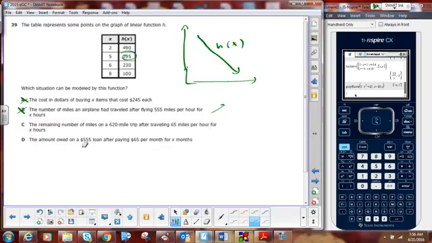Let's see, the amount owed on a $555 loan after paying $65 per month. Let's see, $65 per month. Do we have that rate? Let's see. So 100, that's negative 130. That's 2. That's negative 65. The amount owed at 550.